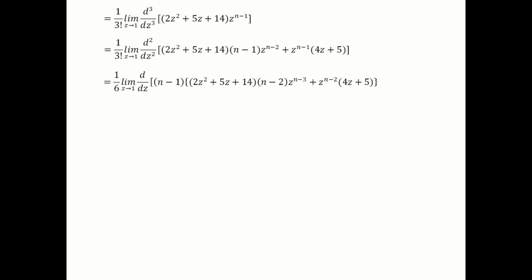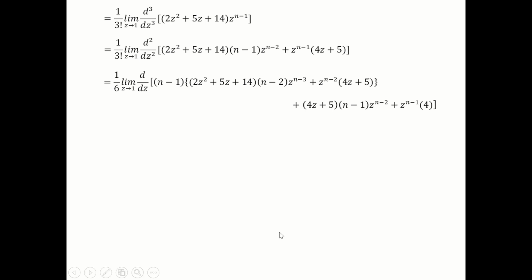Now come to the second one. The second term is z^(n−1) into (4z + 5). Similarly, here you use the uv formula, the derivative of uv, which is u dv plus v du. Keeping 4z + 5 as it is, and the derivative of z^(n−1) is z^(n−2), plus keeping z^(n−1) as it is, and the derivative of 4z + 5: the derivative of 4z is 4, the derivative of 5 is 0. So you will get 4.